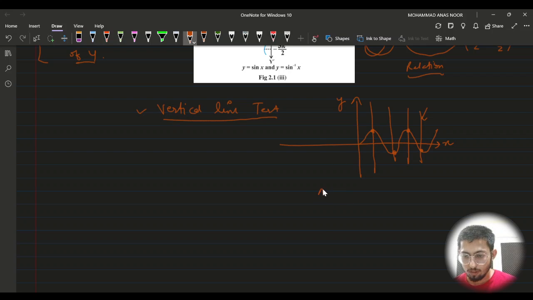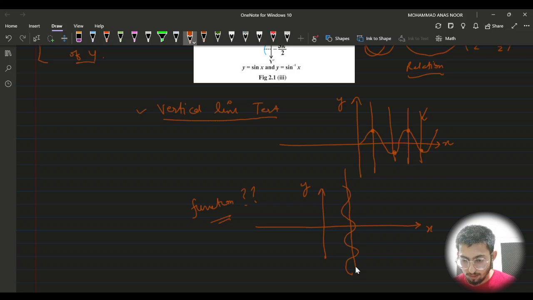But if it is not a function, then this test will fail. For example, this is some graph given to you, and you need to find whether it is a function or not. So you draw vertical lines.